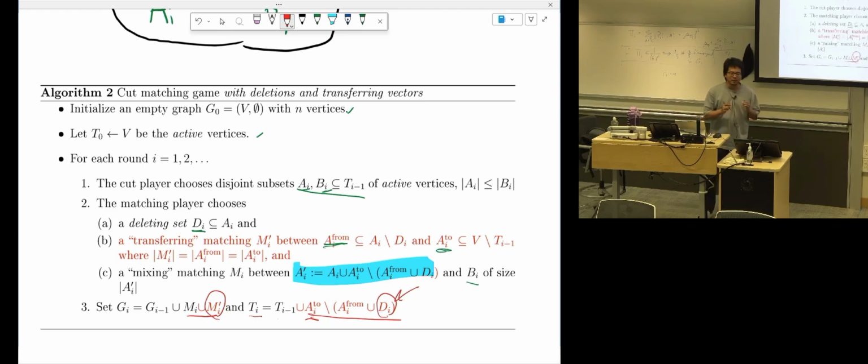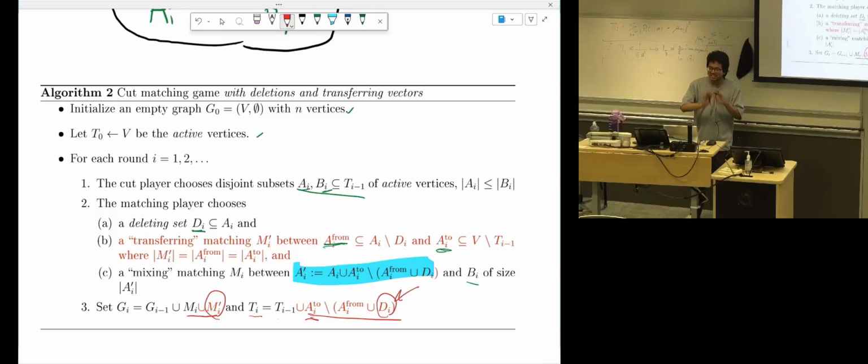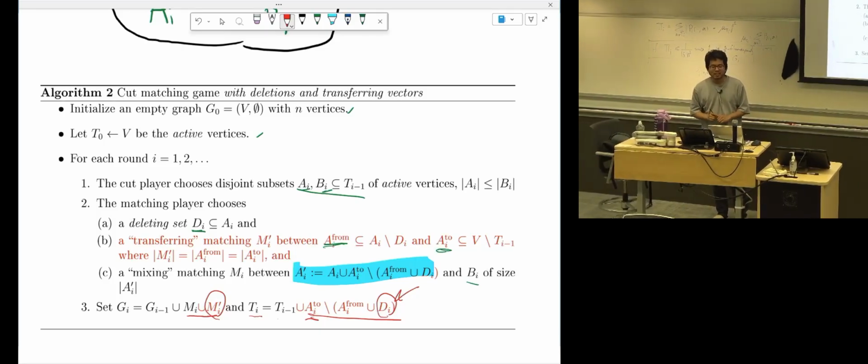When we try to build fast expander decomposition, you see that you want to delete something. And once we want to build a fast algorithm for expanding balanced separator, you're going to see that we want to move something too. So this will become apparent when you see fast algorithms.